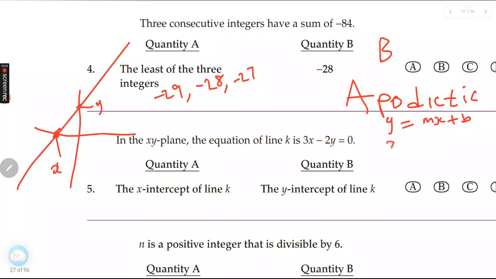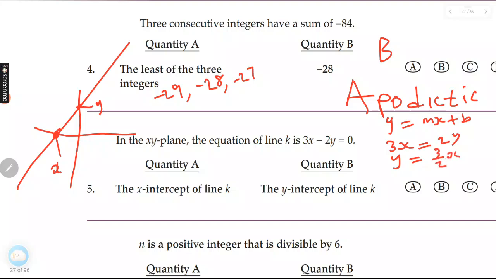First we have 3x, minus 3x, equals 2y. So 3x equals 2y. Now, if 3x equals 2y, y equals 3 over 2 x.